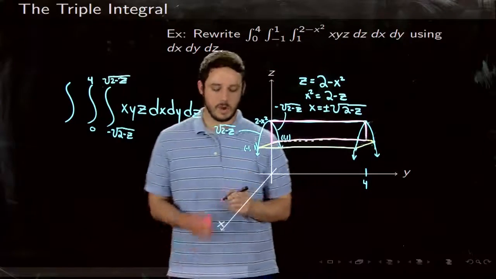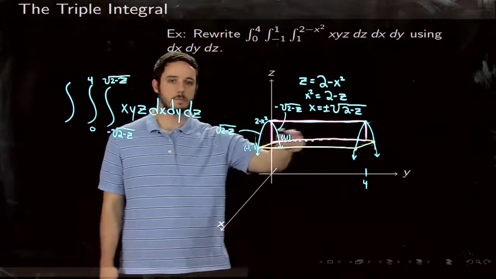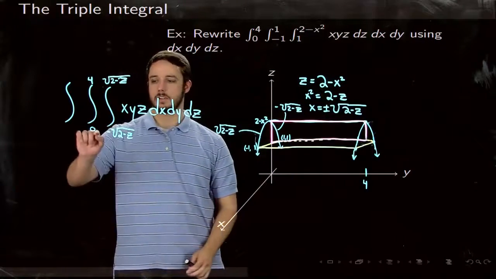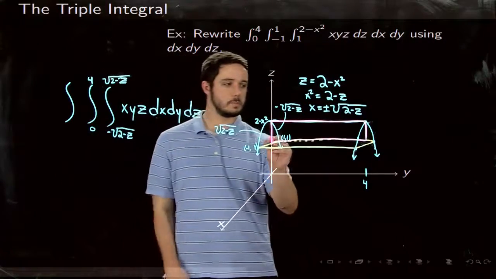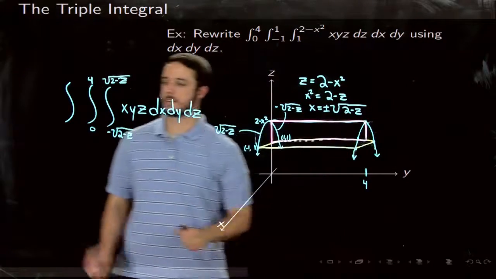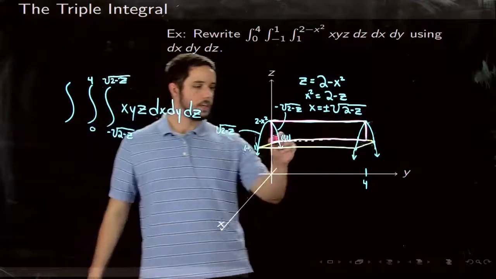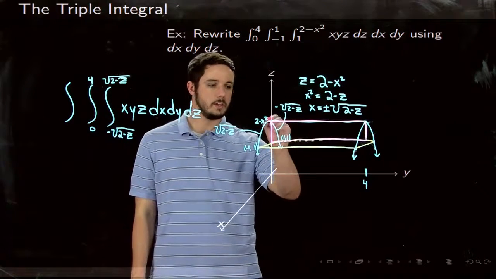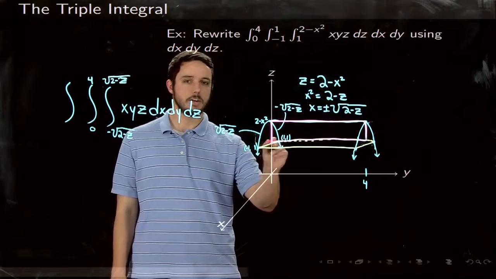And so for y and z, we just have to describe this pink rectangle in terms of y and z. So like I said, y goes from 0 to 4 in this rectangle. That's the bounds on y. So what can z be? Well, z in this rectangle goes from 1 up to 2. This z value is 1.